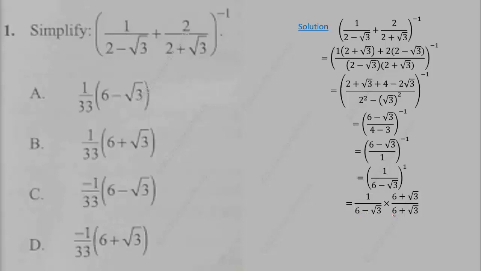So we are going to get 6 squared minus root 3 squared. Then the top remains the same. So when we simplify this, we obtain 1 over 33 plus 1 over 33 into 6 plus root 3. So that will give us this.